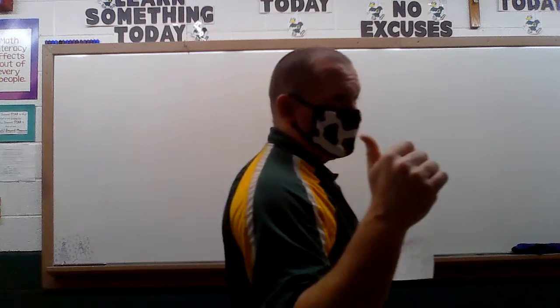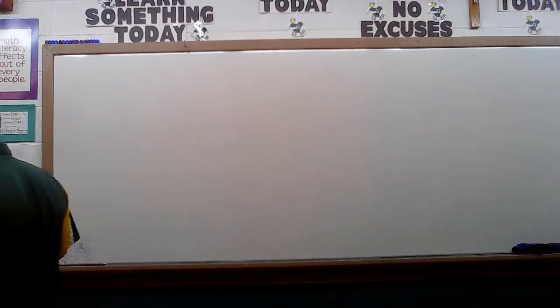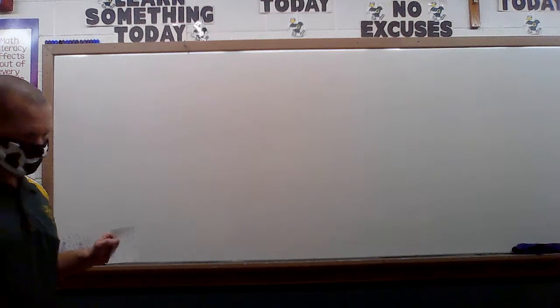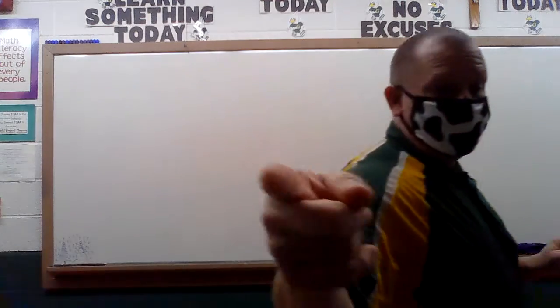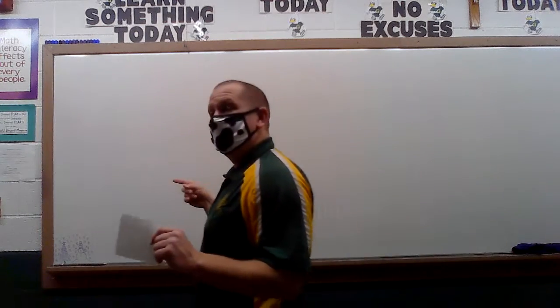Medians. How do I draw a median? A segment that does what? It's the height? No, just kidding. That's the altitude. A median is a segment that starts at a vertex and goes to the opposite midpoint of the side.